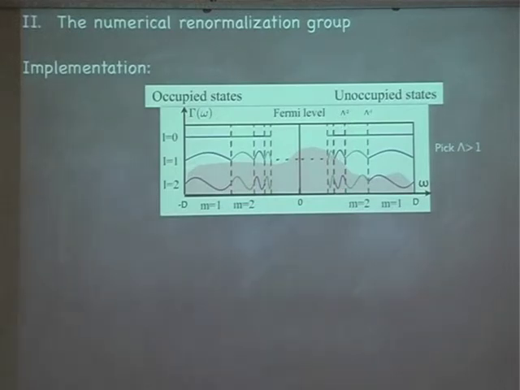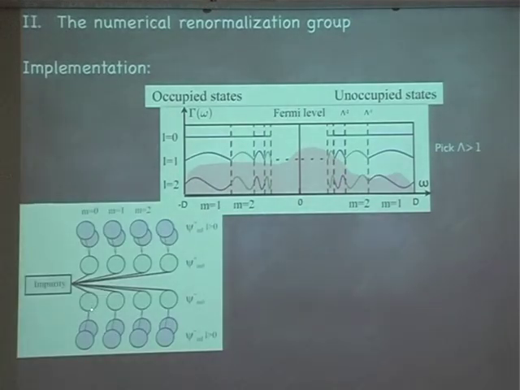And you do the same thing on the negative energy side in order to have this shell structure on both sides. And then within each shell, you can write down a Fourier analysis of your band electron operators in this shell. So you take the energy shell, just take plane waves located in this energy shell, and then represent your operator for this given energy shell as a Fourier sum over all these operators.